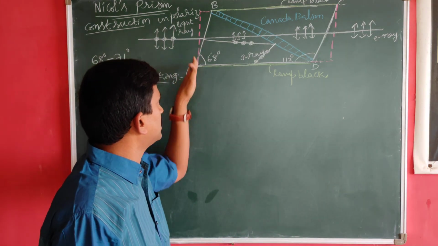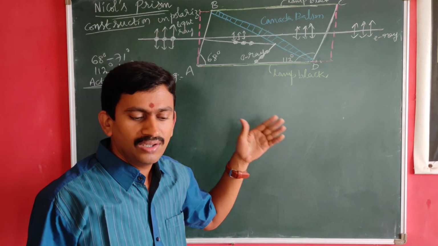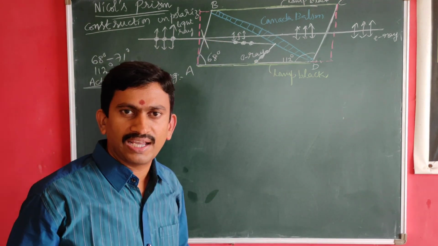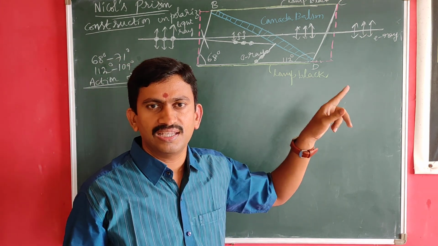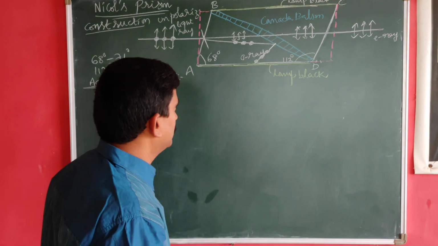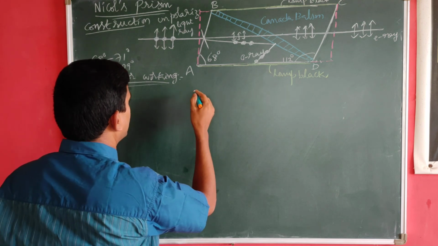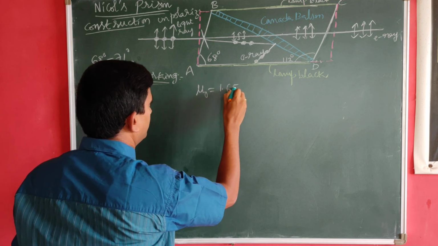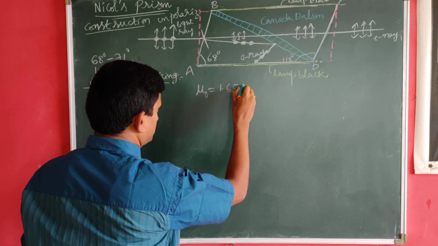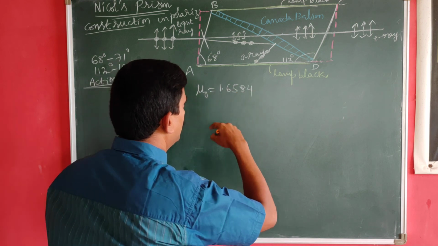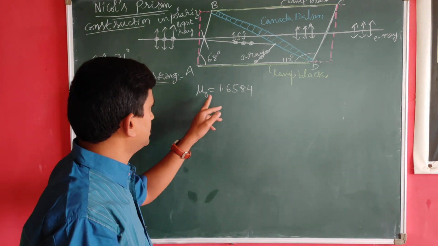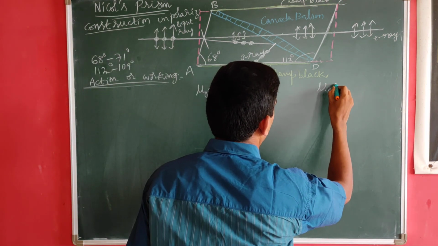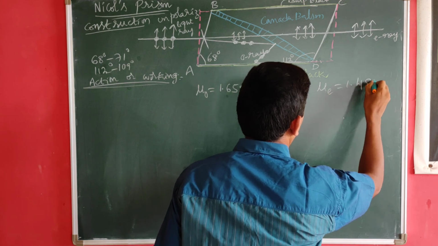Hence when the unpolarized light is incident on it, obviously it undergoes two refractions. One is the ordinary ray, another is the extraordinary ray. But here the important concept is the refractive indices. The refractive index of the ordinary ray, when illuminated with sodium light, is 1.6584, and the refractive index of the extraordinary ray is 1.486.